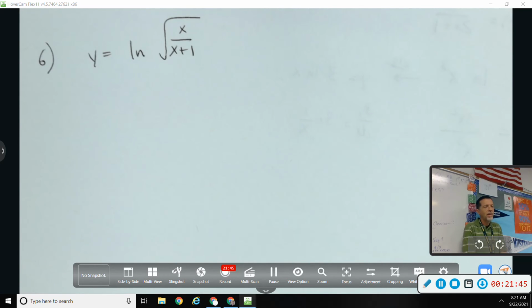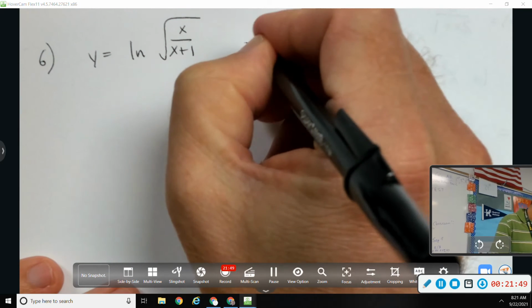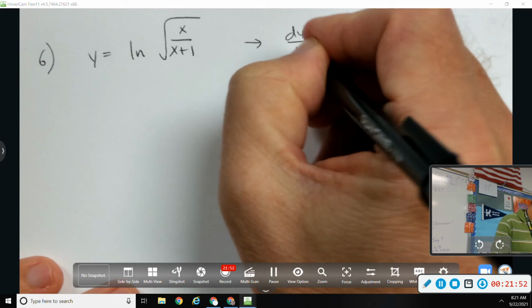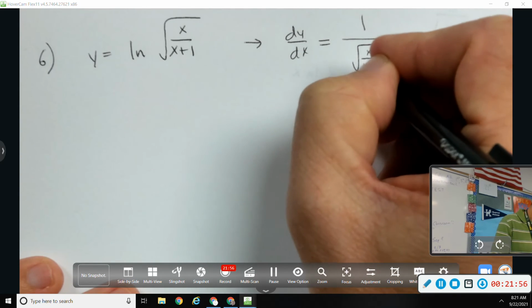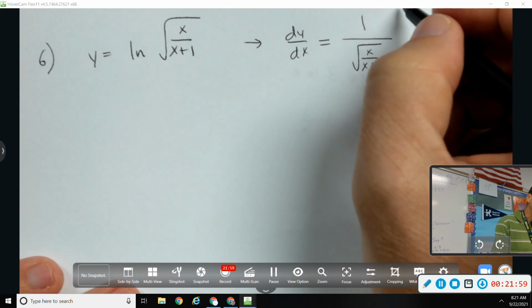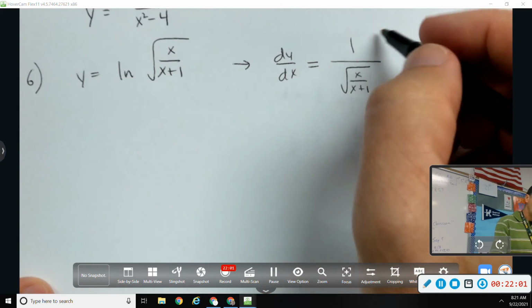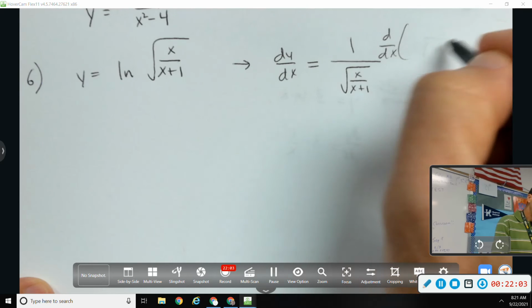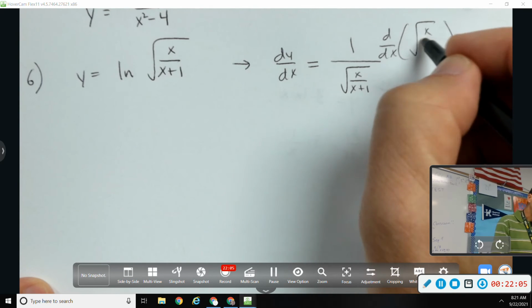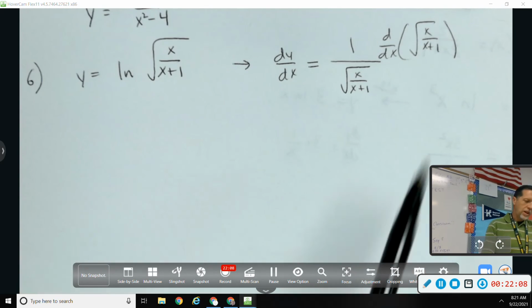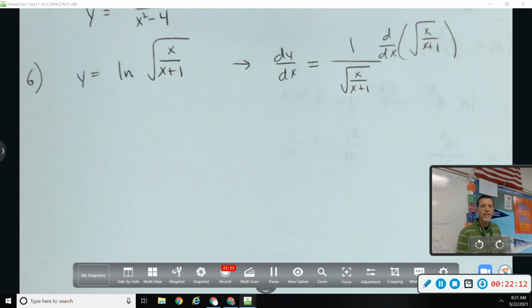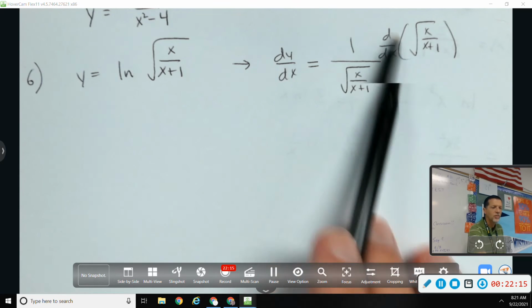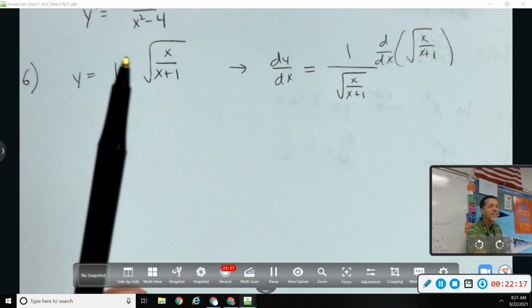If we didn't know algebra, just to emphasize how terrible this would be, the derivative would be 1 over the argument, and then we'd have to do the derivative of the argument, which would be awful, because we'd have power rule, and we'd have quotient rule, and we'd have all these square roots in there. This isn't wrong, it's just really ugly. Let's do some algebra on this first.